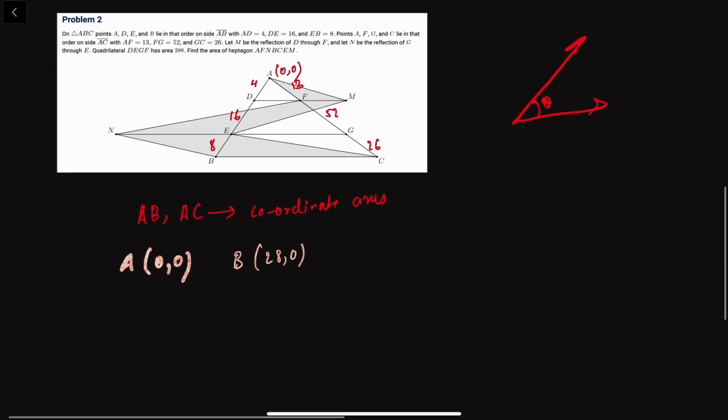Now AD is 4, DE is 16 and EB is 8, as given in the question. So D would be 4, 0, E would be 20, 0, F would be 0, 13, and G would be 0, 65.